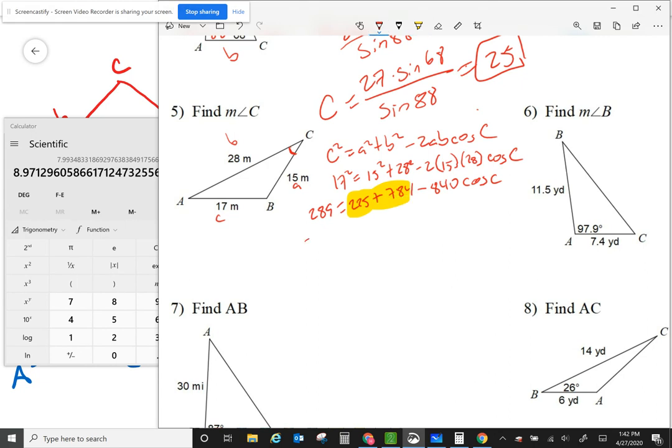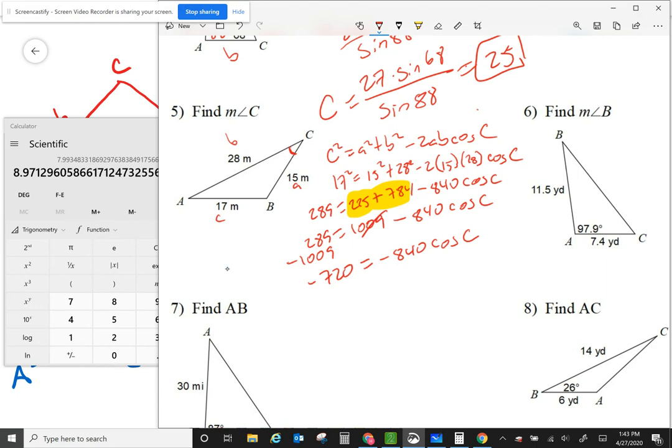So I have 289 is equal to 1009 minus 840 cosine of C. Let me subtract 1009. So I have that negative 720 is equal to negative 840 times cosine of c.